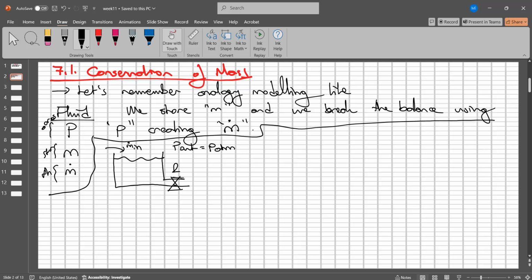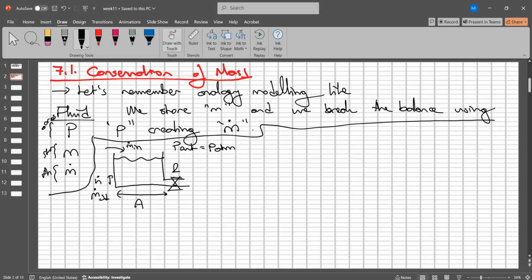Okay, so we can write our equation of motion based on these things, and this is the A, area of our tank, and we can store either the H dot in here. This is the height of the water or the fluid in here, or we can store the mass, m, storage rate.